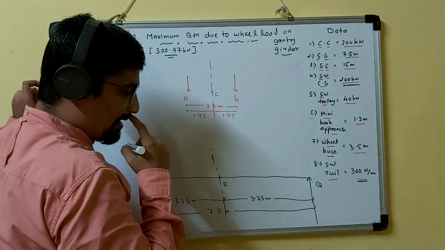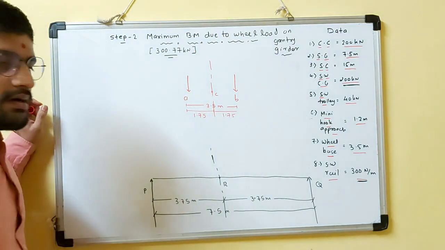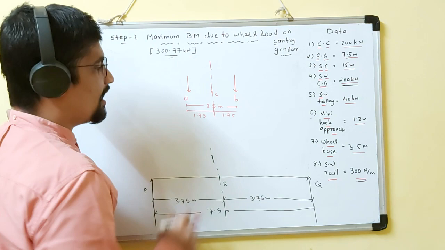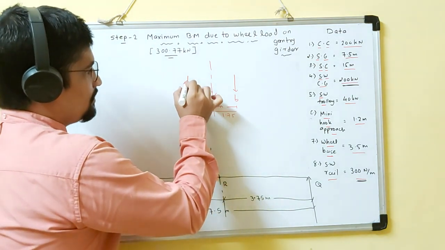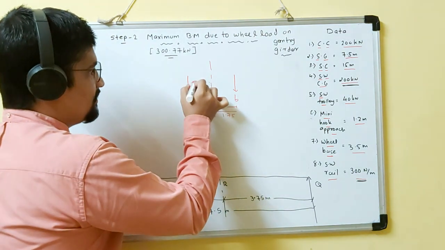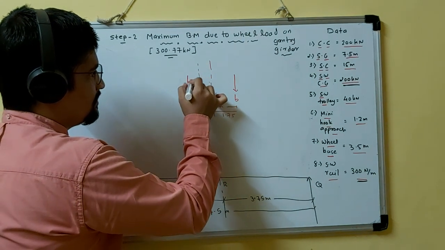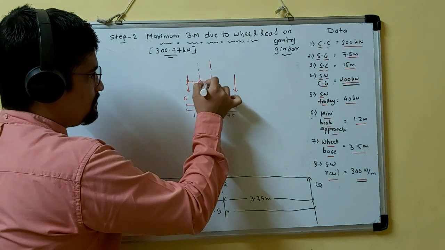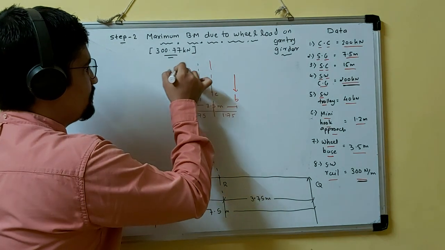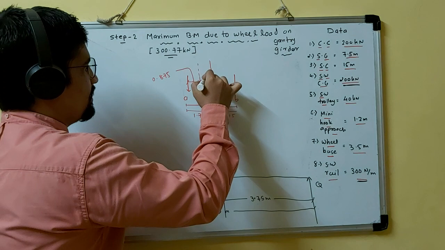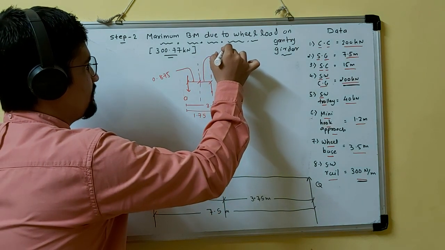Now if we want to put our A wheel nearer to the center, means nearer to the R, the center of A and C will be taken. So the center of A and C will be what? This is 1.75 divided by 2, it will be 0.875, and this is also 0.875.